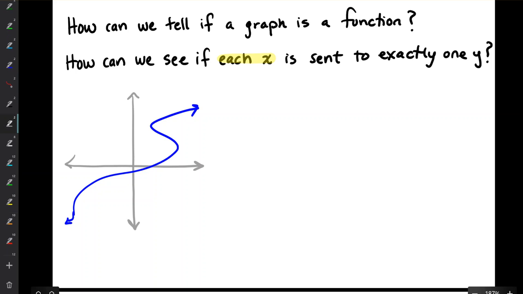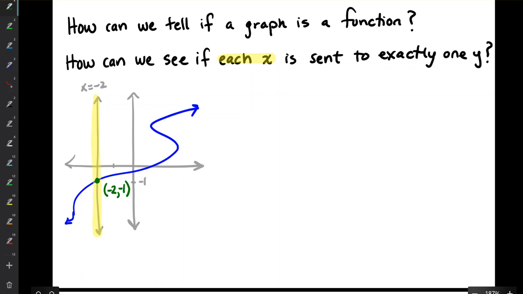X values are vertical lines. For an example, say this is the x value, x is always -2. The fact that we have just one intersection means that that x value of -2 is just sent to one y value.